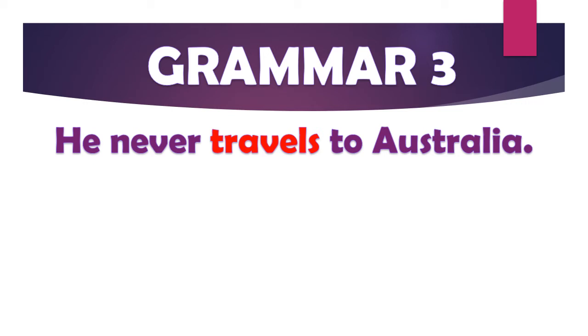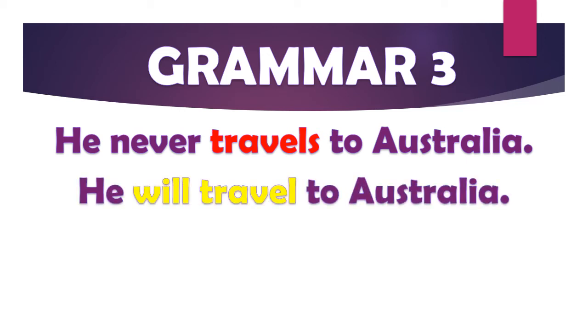Let's take a look at the examples on the screen. He never travels to Australia. You see the verb travels, we have to add an S to the verb because the subject of the verb is he. Okay? He never travels to Australia.